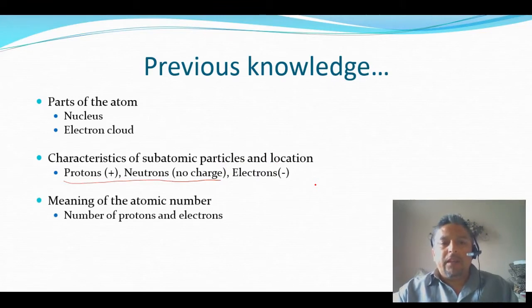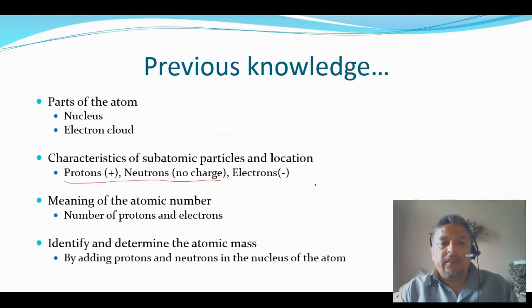We also learned the meaning of the atomic number. We know that the atomic number represents the number of protons and electrons. And we have also learned to determine the atomic mass of an atom by adding protons and neutrons in the nucleus of the atom.